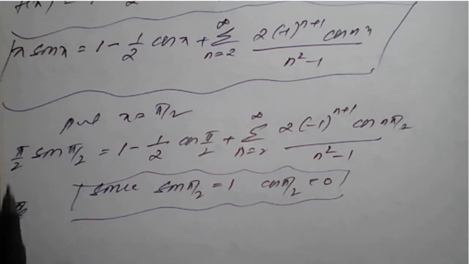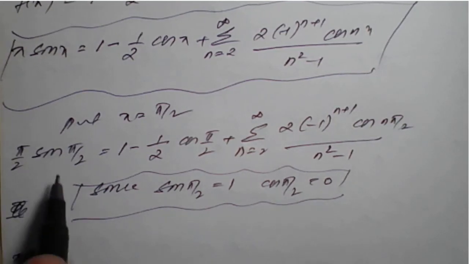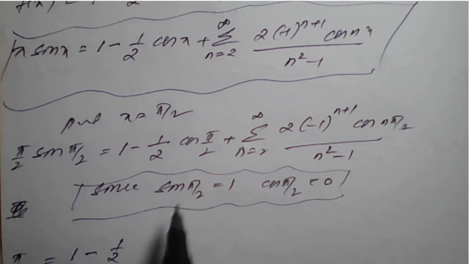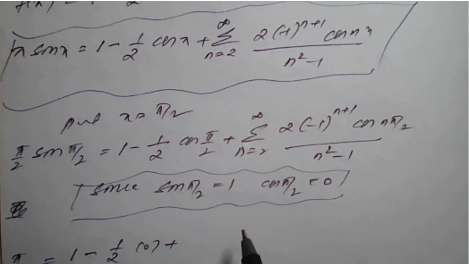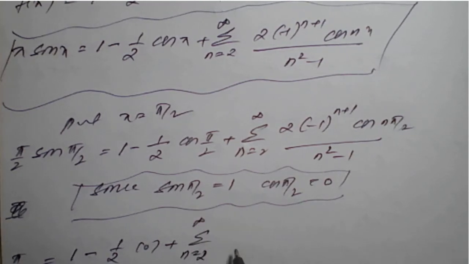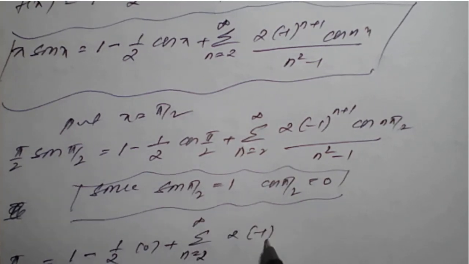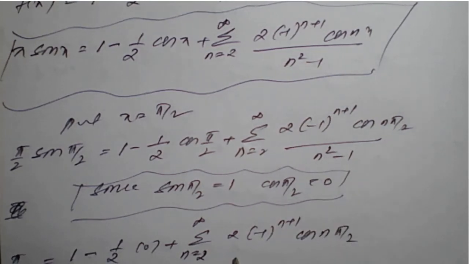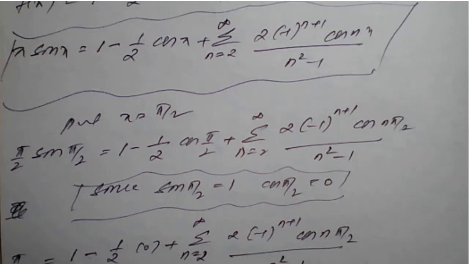So therefore pi by 2 into sin pi by 2 is pi by 2 into 1. So pi by 2 is equal to 1 minus 1 by 2 into cos pi by 2, which is 0, plus summation n from 2 to infinity 2 into minus 1 raised to n plus 1 cos of n pi by 2 whole divided by n square minus 1.